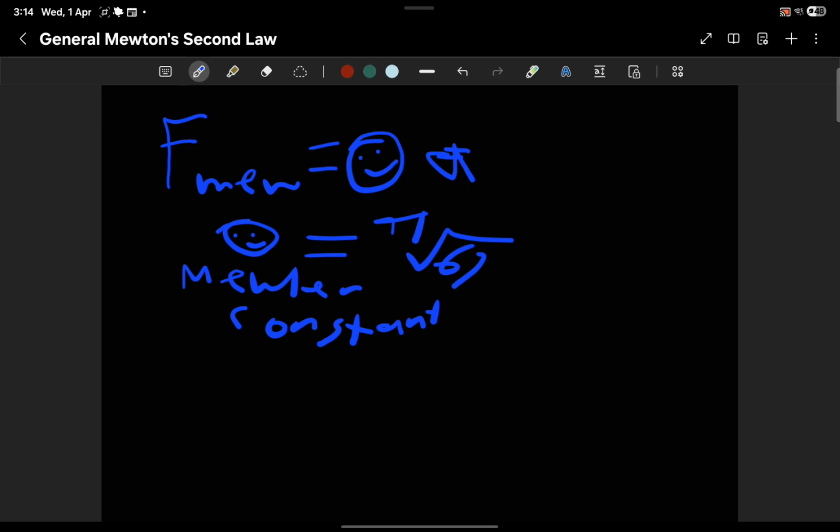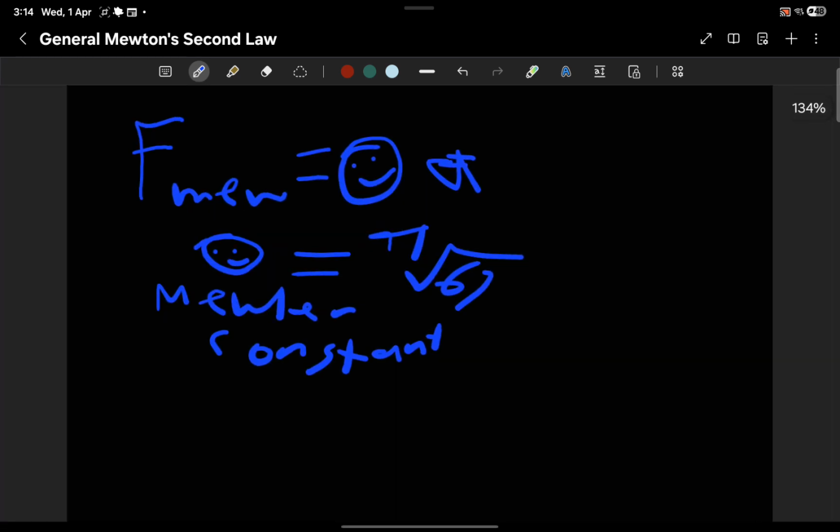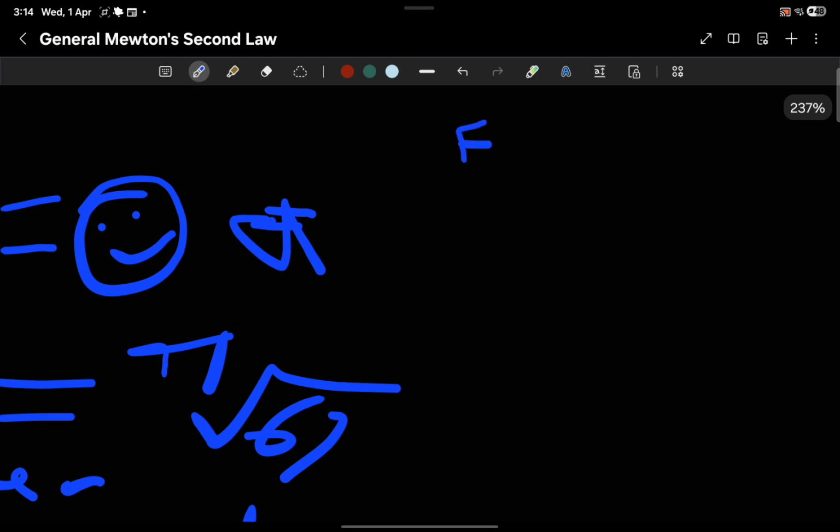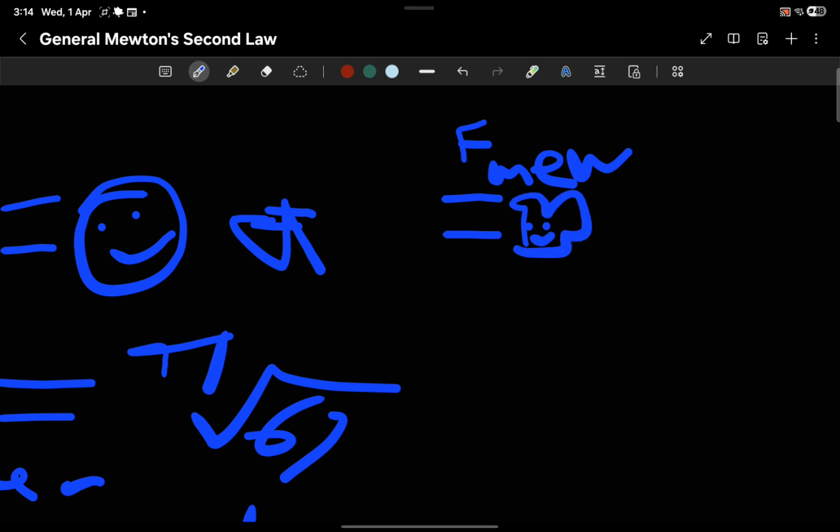But today we're going to talk about a more complex, generalized version. Basically, force of a mu is equal to Toasty sub h, Toasty sub handsomeness, Toasty sub charisma squared times acceleration.